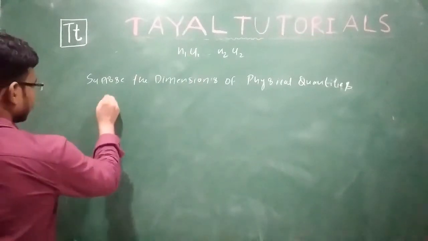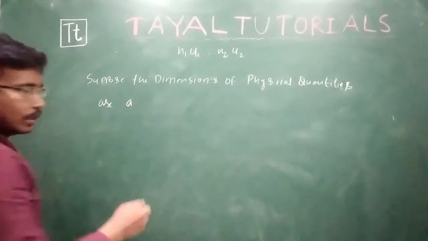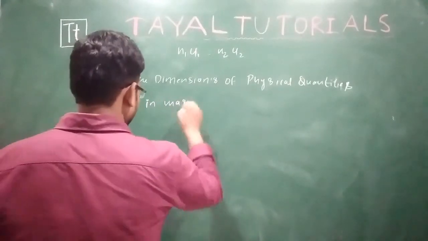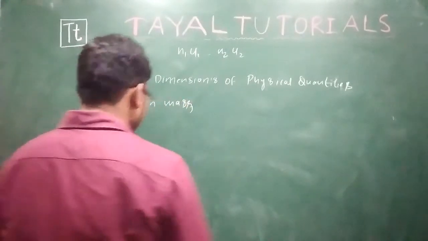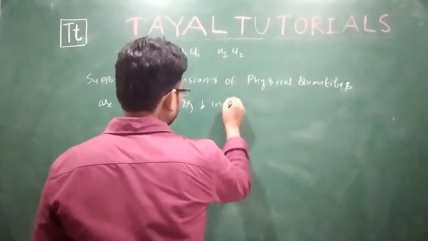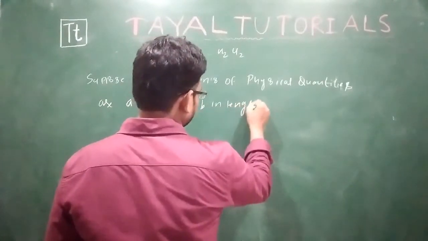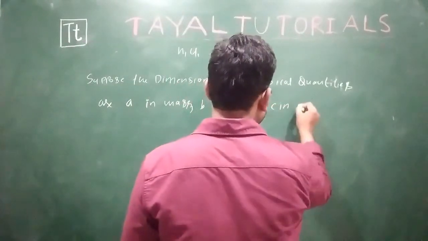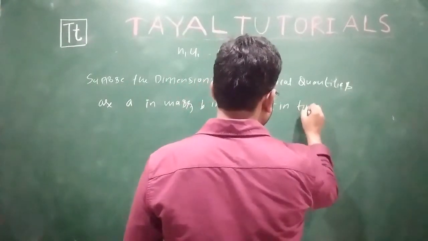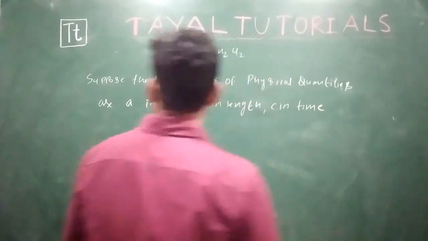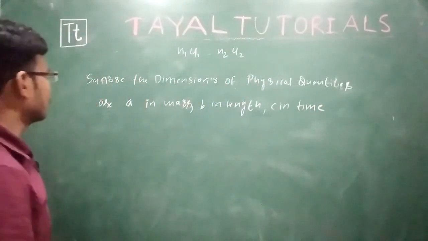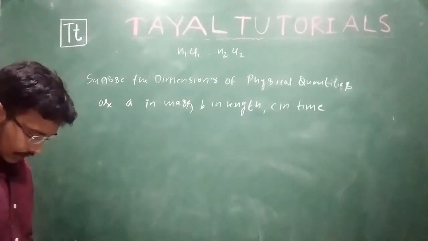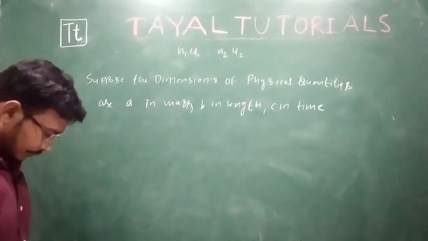Suppose the dimensions of physical quantities are a in mass, b in length, and c in time.